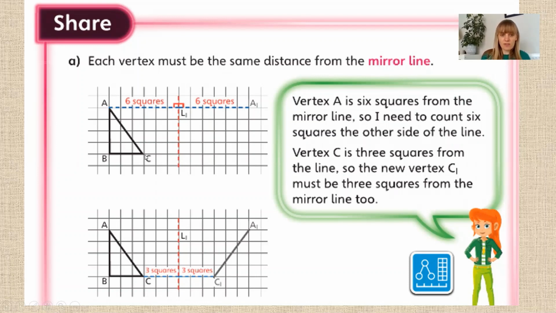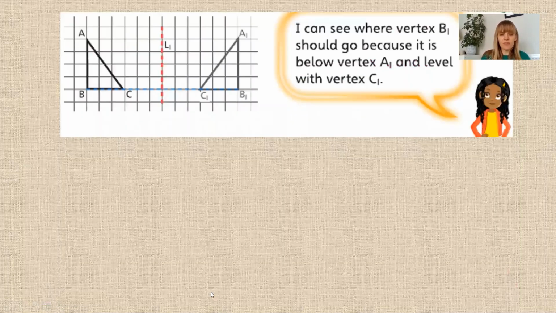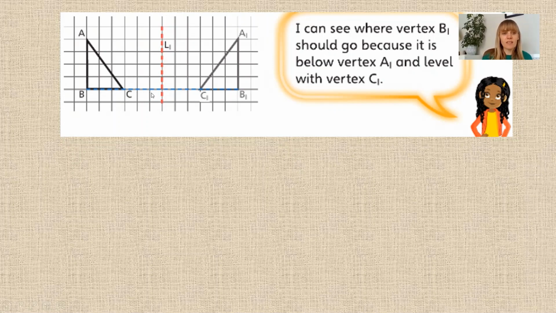So for C, you can see there is 1, 2, 3 squares. And so on the other side of that mirror line, we would go 1, 2, 3, and that's where C would be. You can see that in the second diagram here. Now, the next part where we're looking at vertex B. So vertex B, using my hand if you can't see me, has got 1, 2, 3, 4, 5, 6 squares again away from the mirror line.